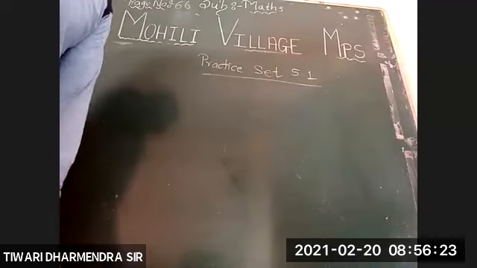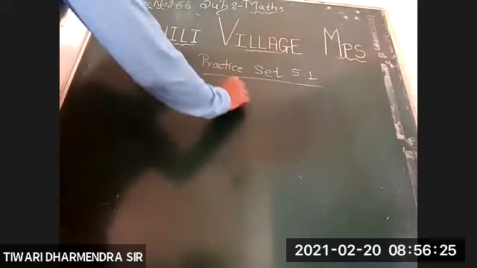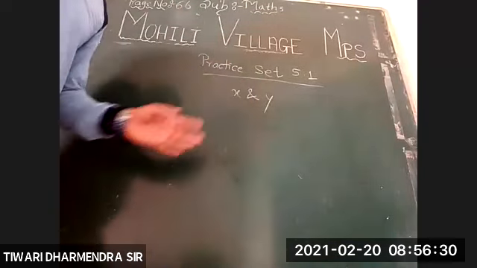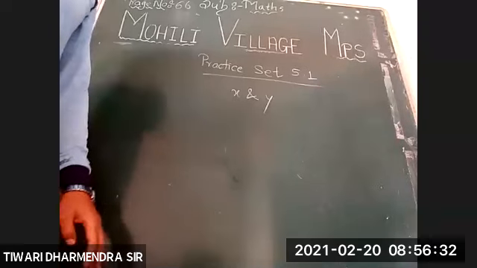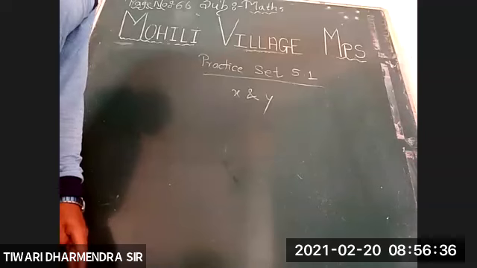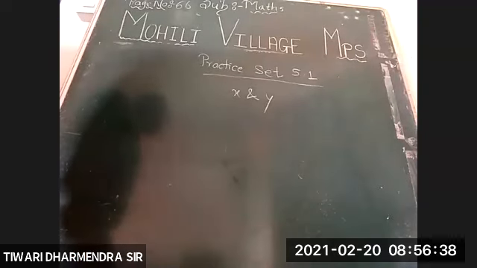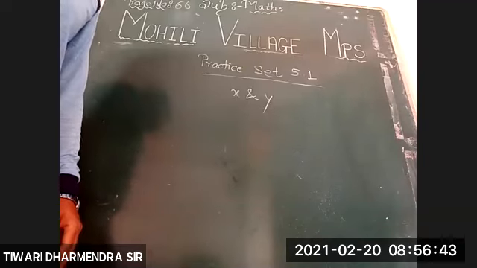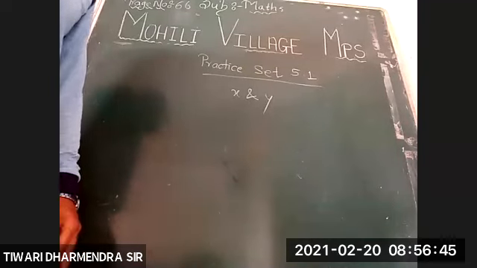Just try to understand the question. You have to use x and y. If they're asking you to use x and y, never use any other variable, which creates a very bad impression. Even though your solution is correct, they will not give you marks, as they have clearly mentioned you have to use x and y. Form any 5 linear equations in 2 variables.